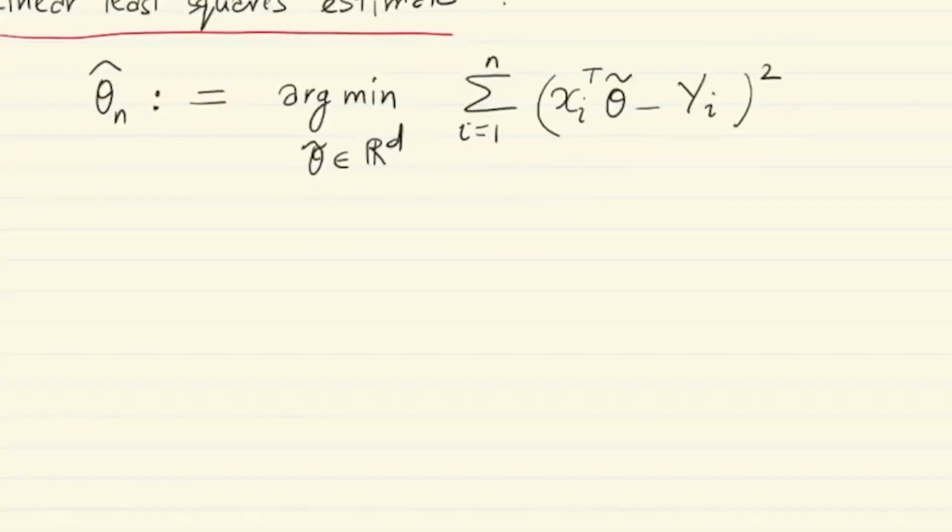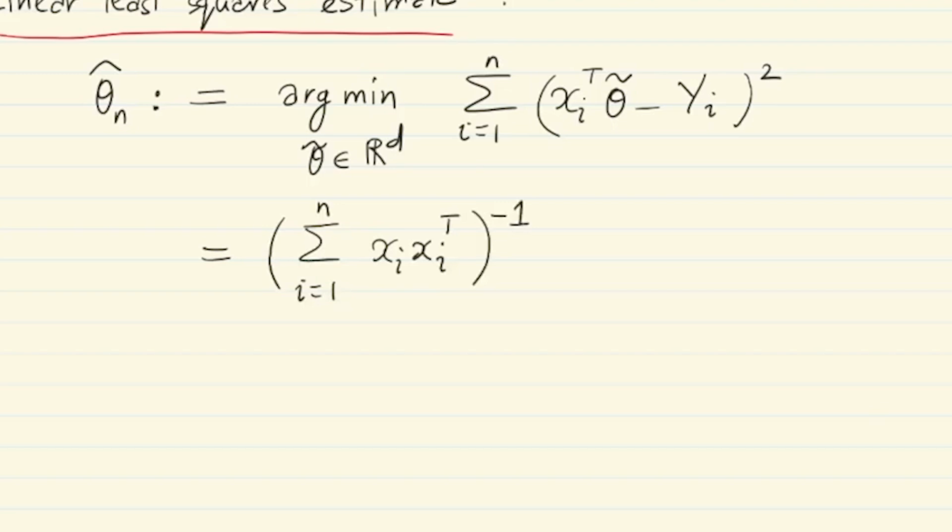If the xi's are chosen, let's say, so that they span the entire space Rd, then it's not difficult to show that this has an explicit closed form solution: the sum over i going from 1 to n of xi xi transpose, and this is a matrix inverse. If the xi's span Rd, then this matrix is going to be full rank and hence invertible, multiplied by this particular vector, which is the weighted sum of the xi's with the respective scalar measurements yi.